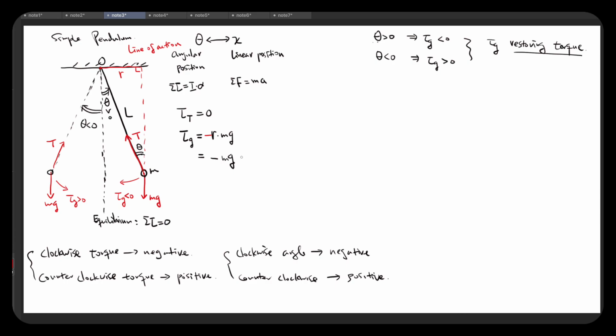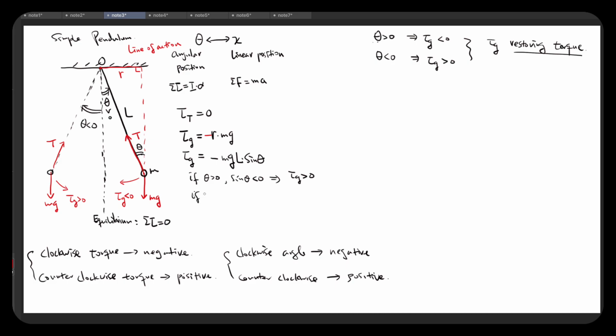R now equals L sine theta. And then equals tau g. Now we see clearly if theta is positive, then tau g is negative, due to this negative sign.